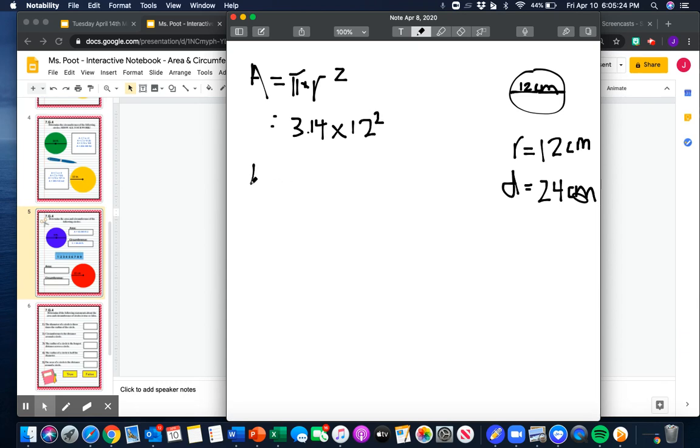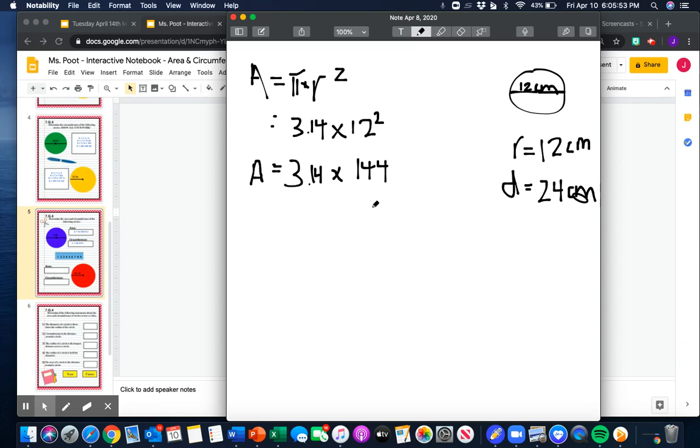All right, now PEMDAS again. I got to go to exponents first. I know 12 times 12 is 144. Now I'm just going to drop down and copy everything else. All right, now I can multiply these two numbers. I got 3.14 times 144.